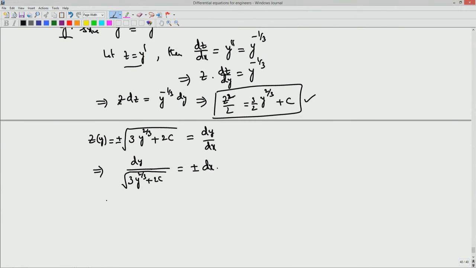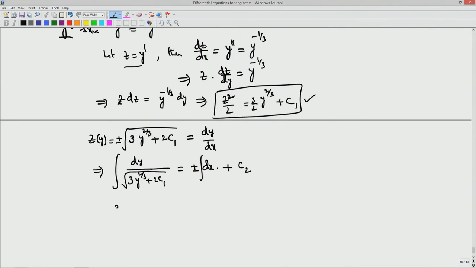So, this you can solve by integrating. Okay. So, you can integrate this easily, plus some other constant C2. You call this C1, then it will become C2. So, how do I integrate this?